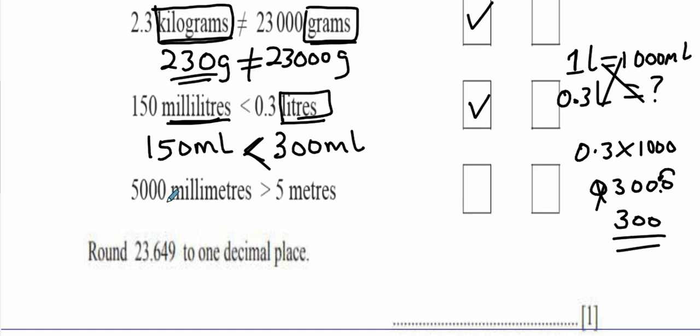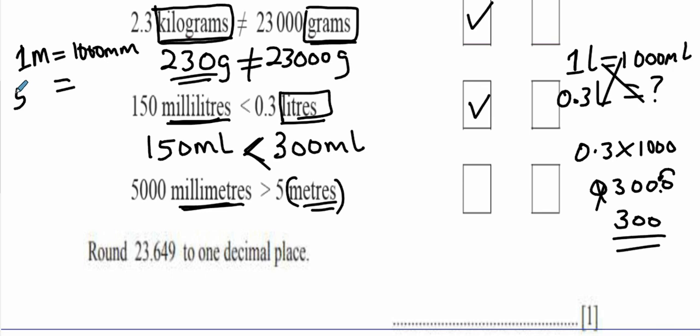How about 500 millimeters and 5 meters? So what we do, change meters into millimeters. We know that 1 meter equals 1000 millimeters. How about 5 meters?